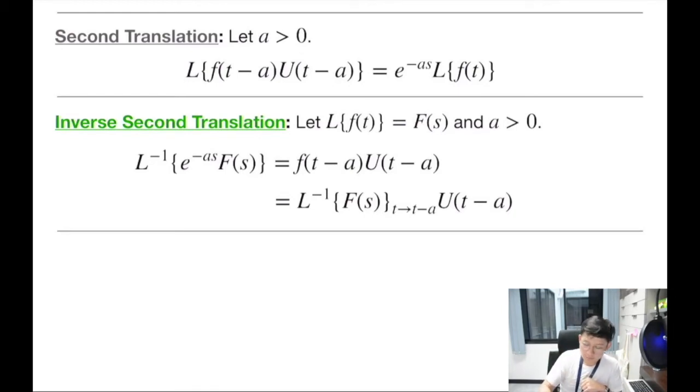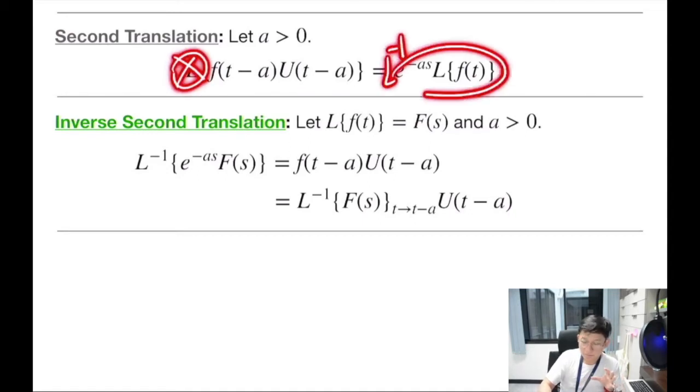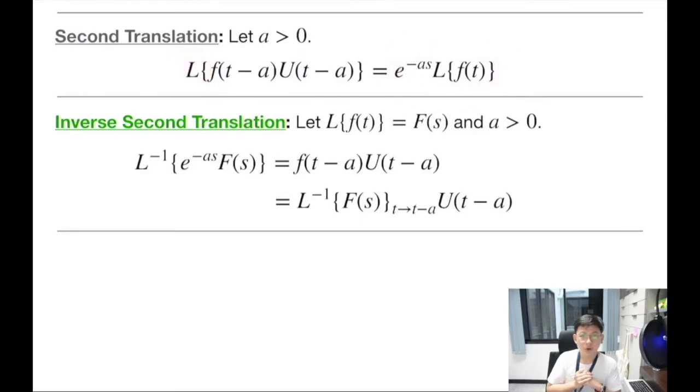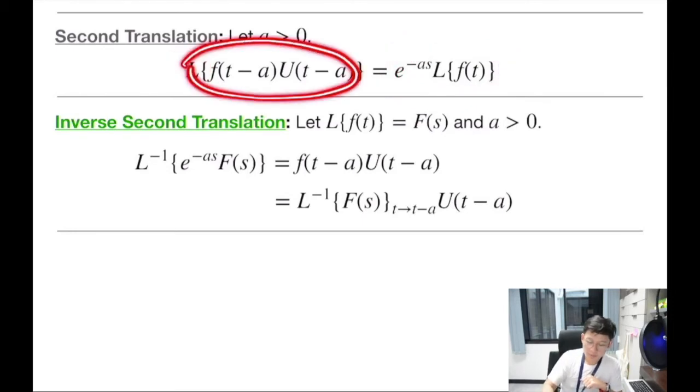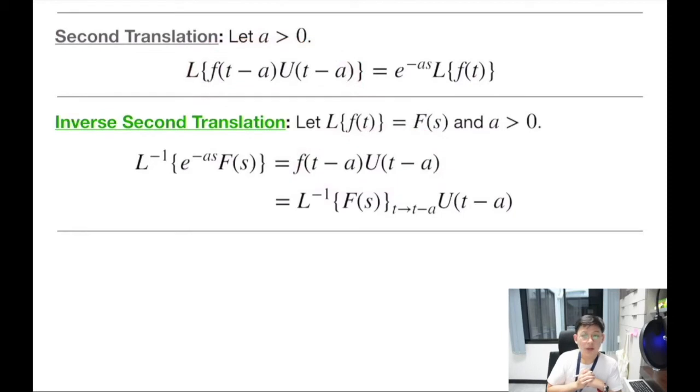You take the inverse, you change this to this side, it's going to be L inverse. L inverse of this would be this guy. And to compute this one easily, you just need to take the inverse Laplace transform of the big F, and then you change from t to t minus a. Why?